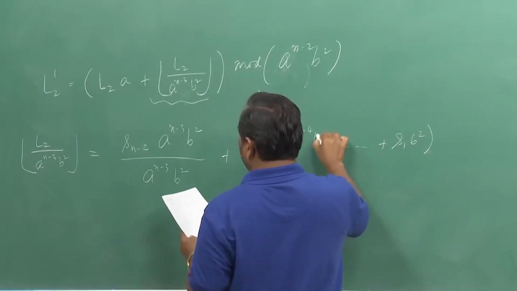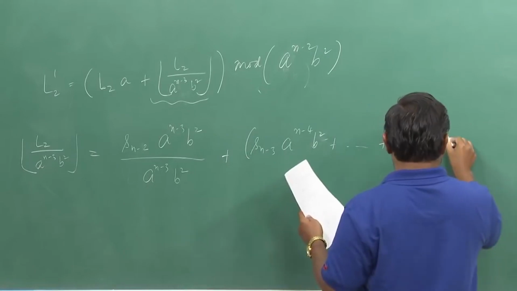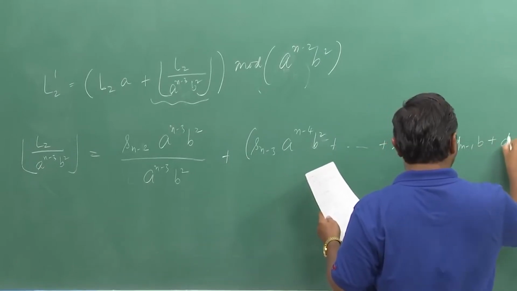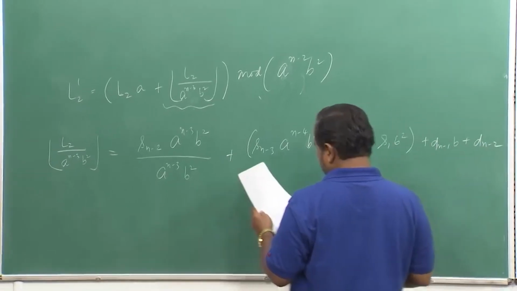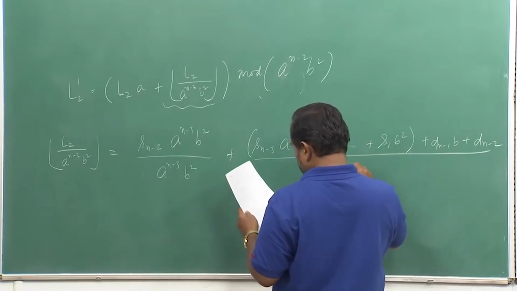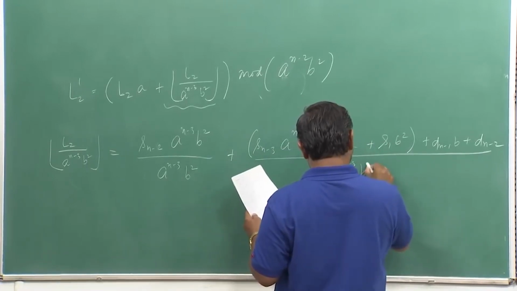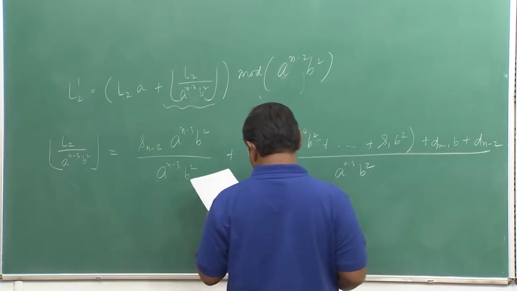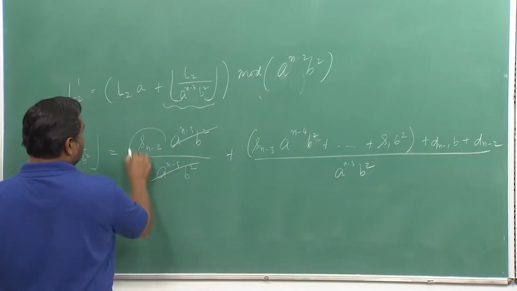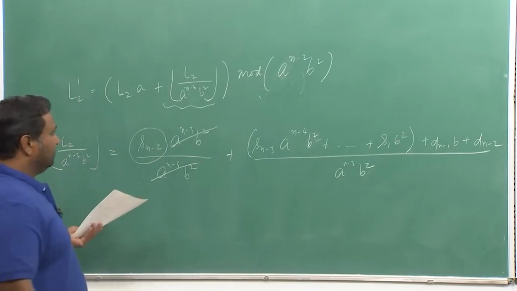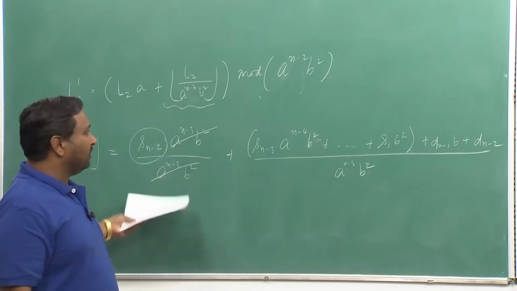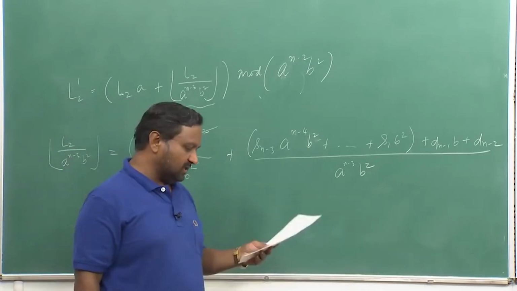Sorry, this is b square. And I have to divide by... so this one actually cancels out. So, this one is a complete number. Okay. So, when I take the floor function, this will certainly contribute. I have to only worry about this one.